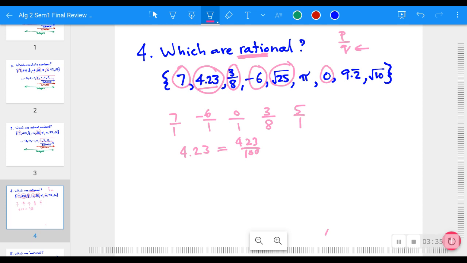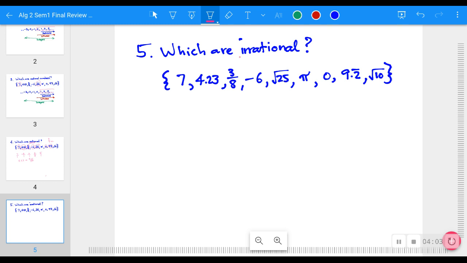And any repeating decimal, it's a little harder to actually show it, but any repeating decimal, like 9.222222, is also a number that can be made into fractional format. So I've got all the rational ones circled, and if you'll pay close attention, the ones that aren't rational are the pi and the root 10, which is going to help us when we get to the next slide.